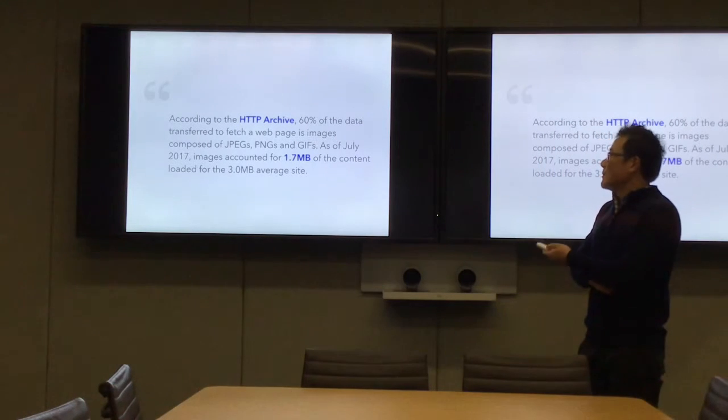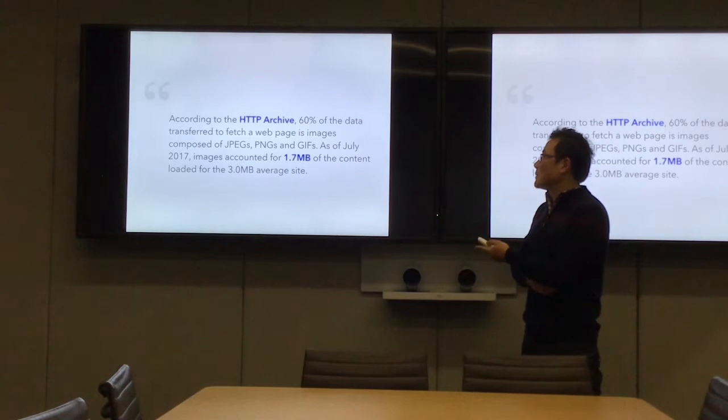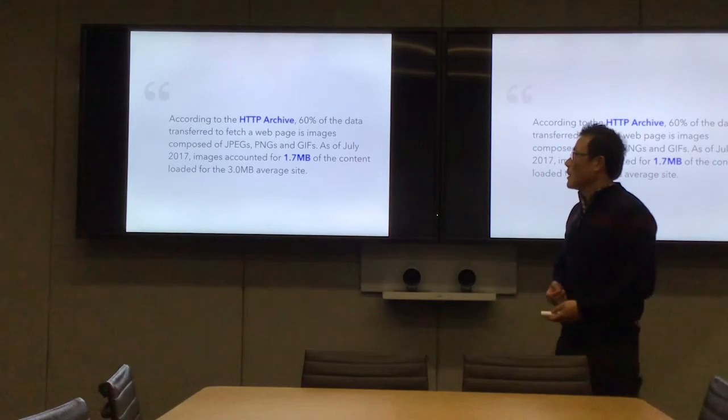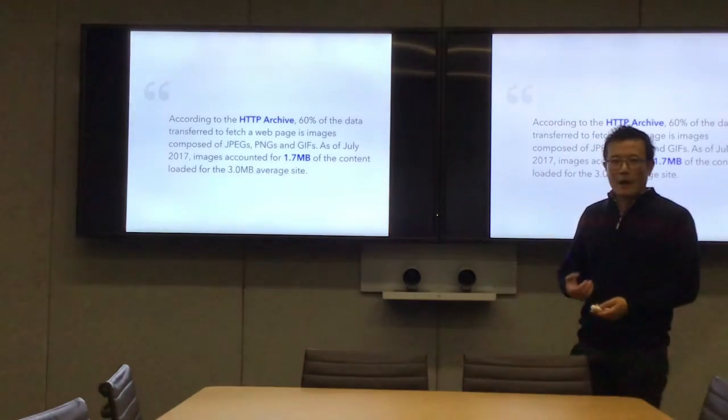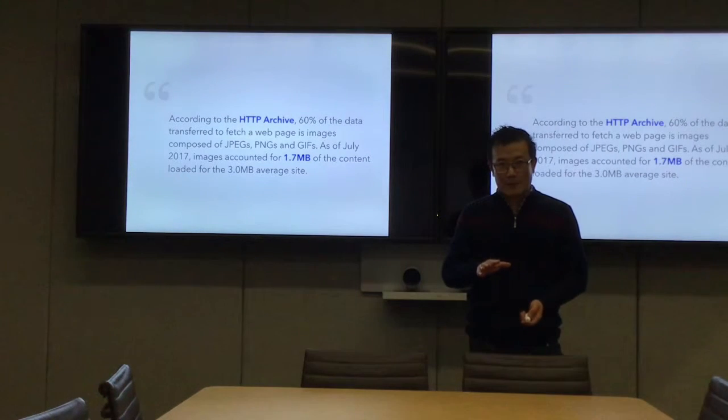So let's get back to images. According to HTTP Archive, 60% of the data transferred to fetch a web page is images. Images are heavy. Of every byte you load, 50% or more is images.